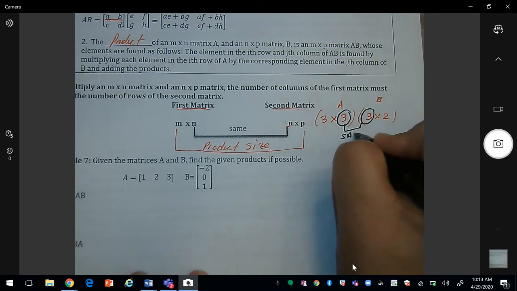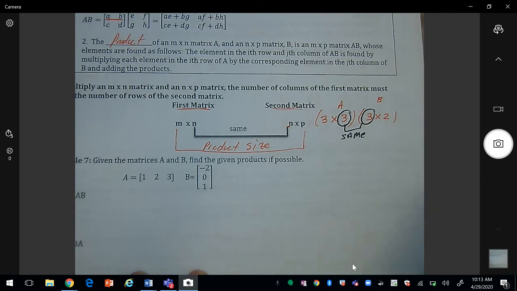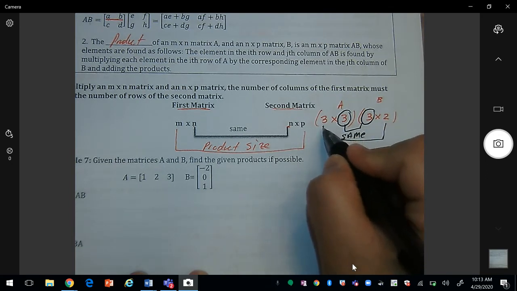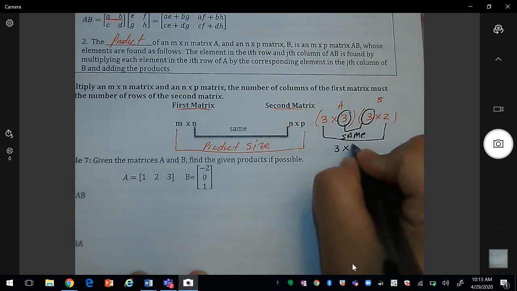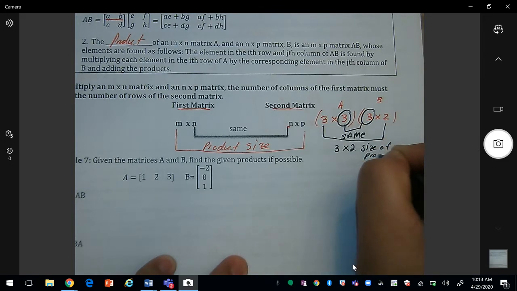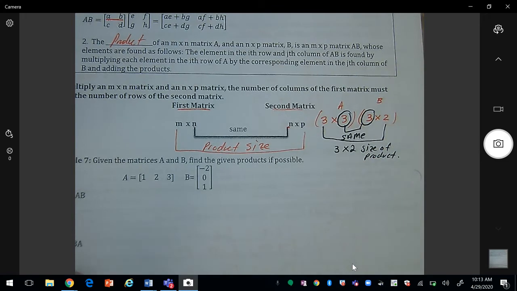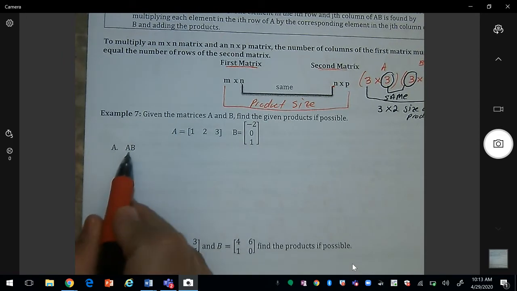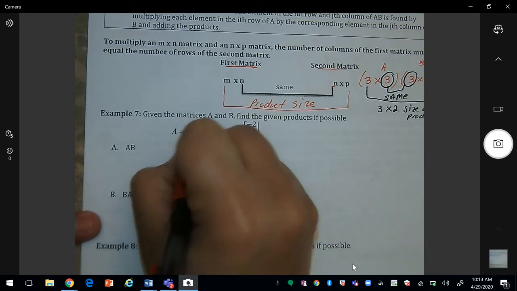If these are the same, then yes, we can multiply. The resulting two numbers here are going to be the new size of the product after you multiply.